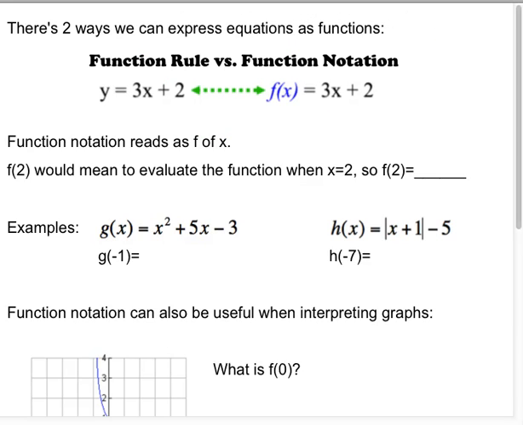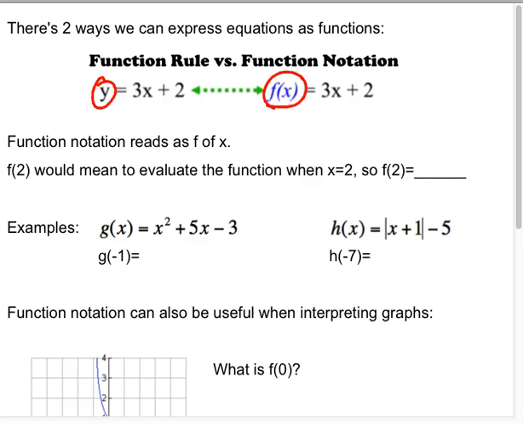Now, lastly, let's talk about function notation. Okay, so looking at this, function notation is literally just using f of x instead of y, okay? And it reads f of x, so basically f of x is literally just a fancy way of writing y, except it comes in handy, okay?